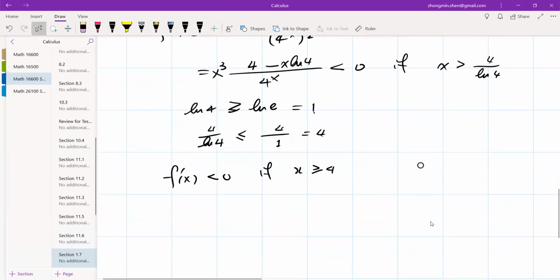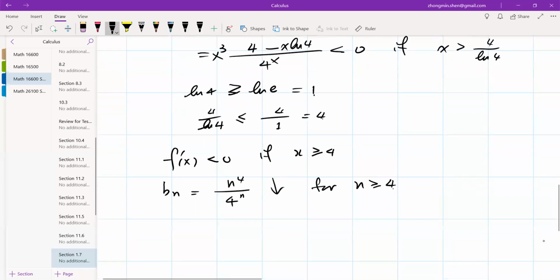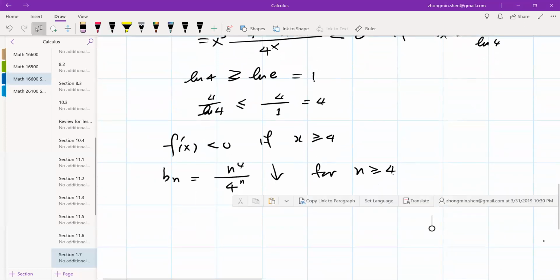Bn equals n to the 4th over 4 to the nth power, which is going to be decreasing for n greater than or equal to 4. I don't care about the first few terms. Now this is decreasing to 0.